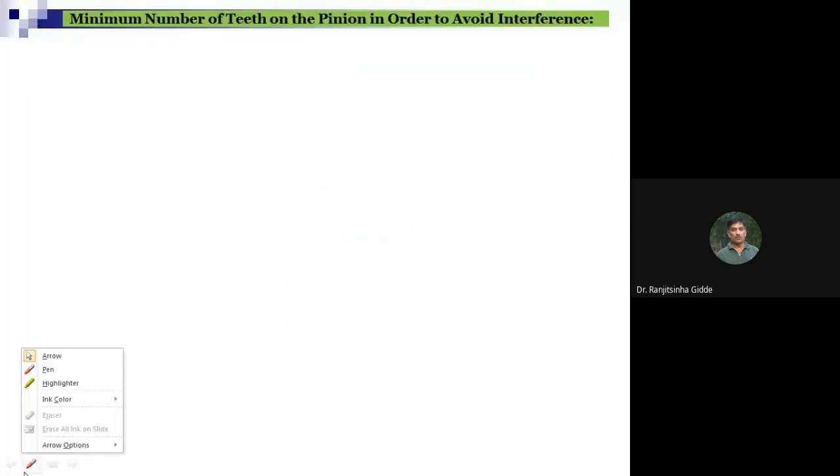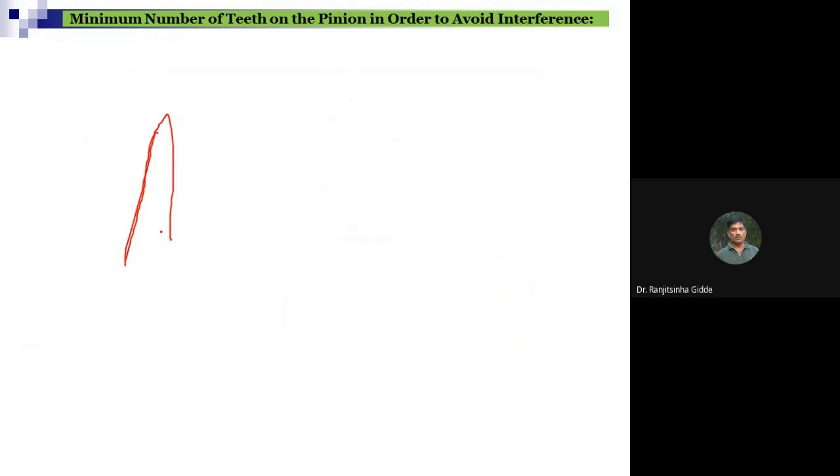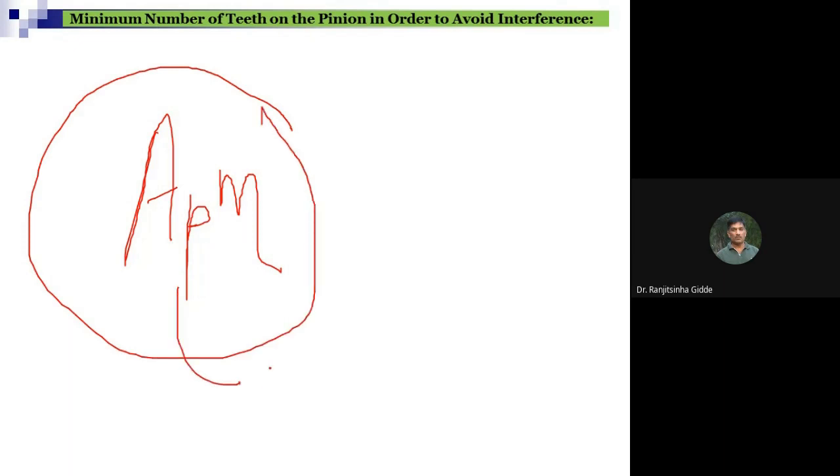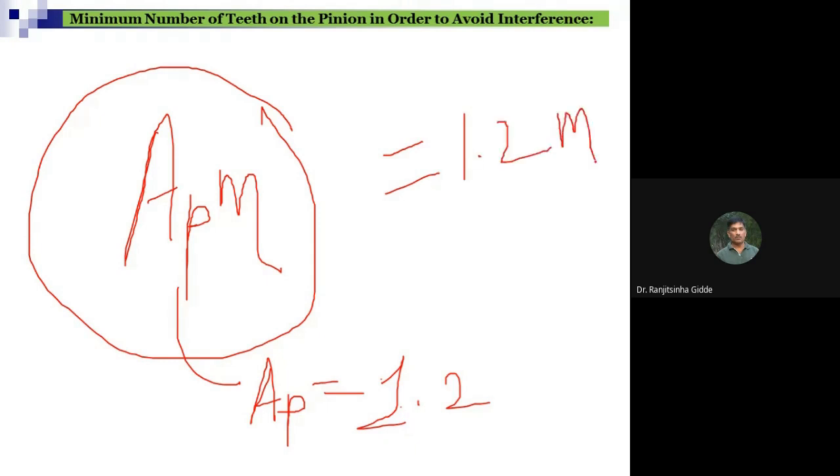So already I have shown you this is AP into M. What is this AP? It is nothing but the fraction by which the standard addendum of one module should be multiplied. Suppose I take its value as 1.2, then we will have 1.2 into M, right?